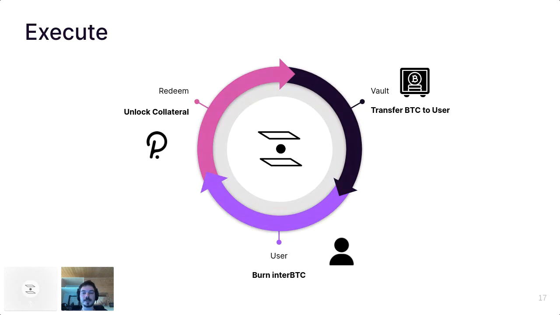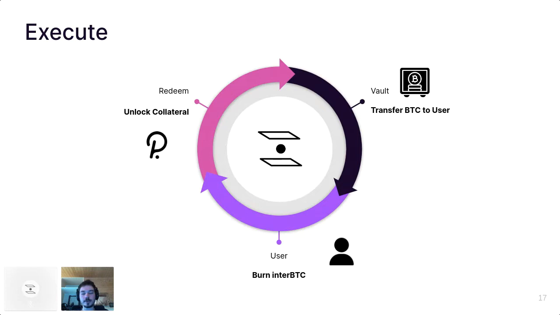So as you can see, this entire system is trustless, and there are no particular requirements on vaults other than having to put down some collateral. And the KBTC or interBTC are completely fungible, so any vault can service any redeem request.